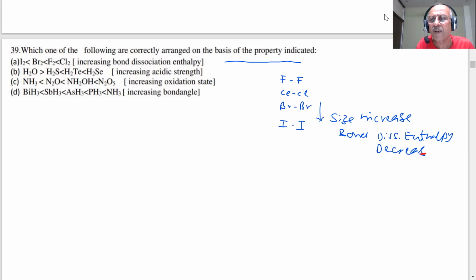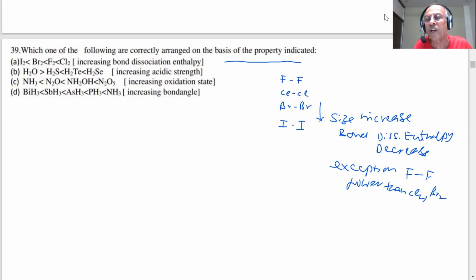But in this case, the exception is, students, fluorine. Fluorine has a lower bond dissociation enthalpy than Cl2 and Br2 due to strong electron repulsion. You can see that the size of this is very small, and there are lone pairs of electrons.